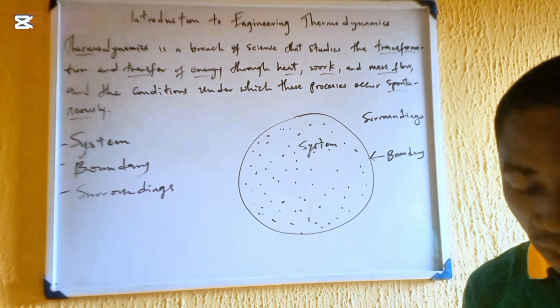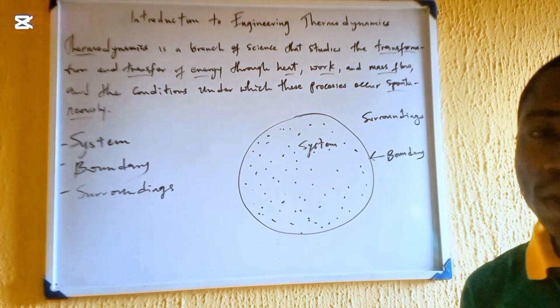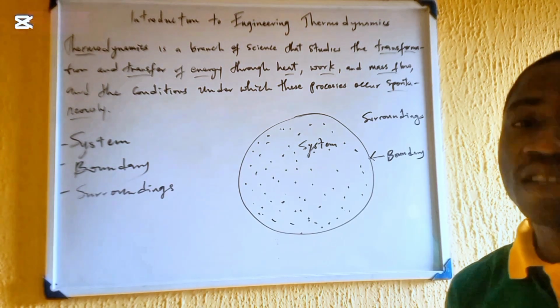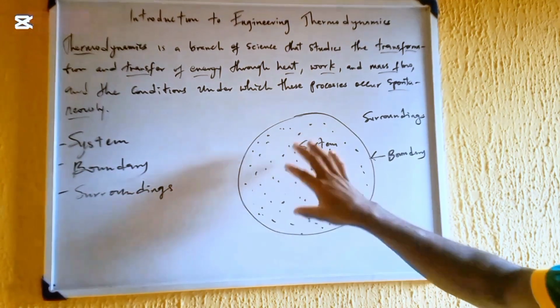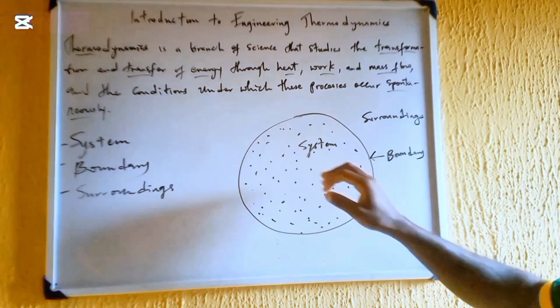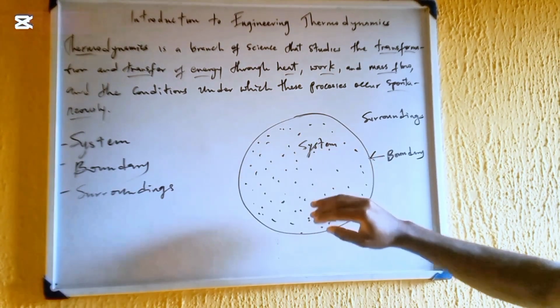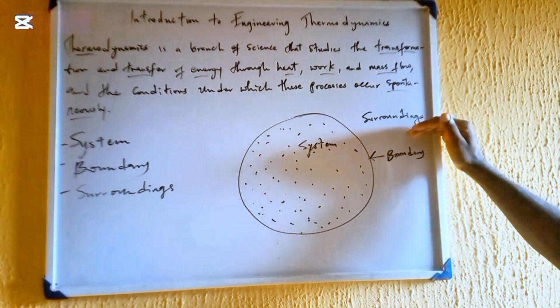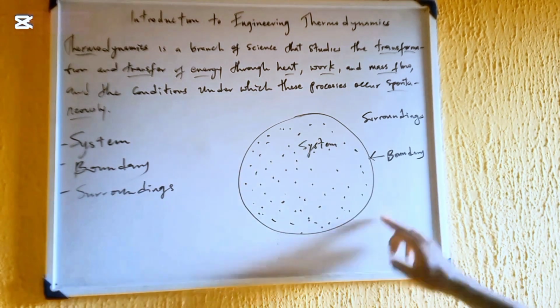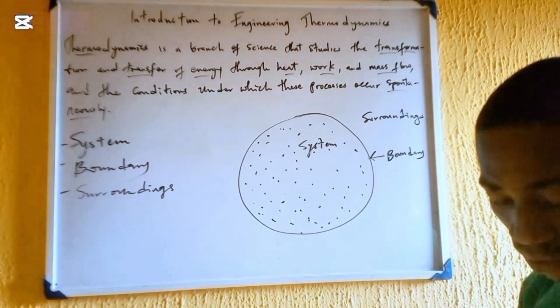So it's an actual or hypothetical surface enclosing the system or separating it from its surroundings. So you can see this will have the system, in other words, a quantity of matter, maybe gas, maybe liquid. Then outside the system, we have the surroundings. Then here we have the boundary. It encloses the system and separates it from the surroundings.